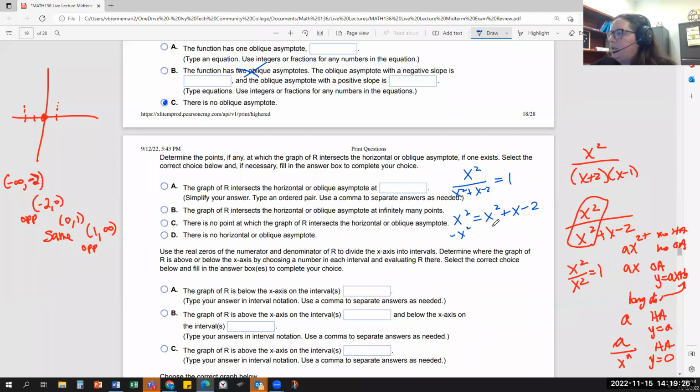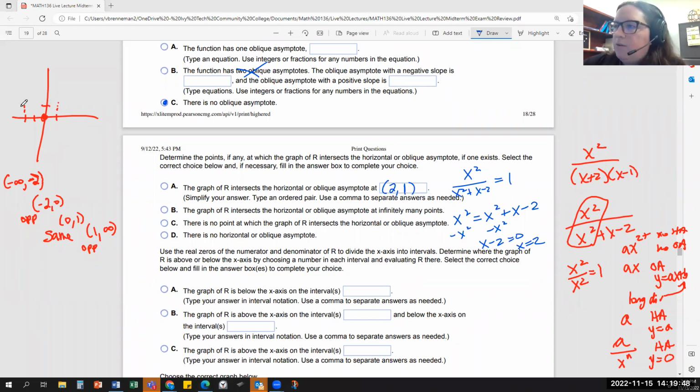If I subtract x squared from both sides, I get x minus 2 equals 0, and that comes out x equals 2. That would be the x value. They want an ordered pair, so what's the y value? Well, the whole way I found this was asking what x value is going to give a y value of 1.